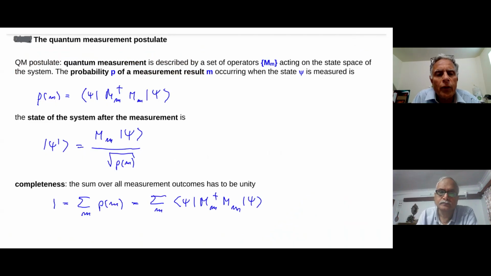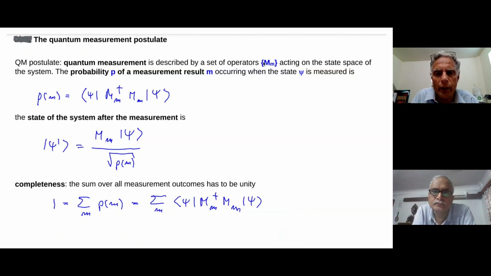But before I close, I want to say that for quantum measurement there is a postulate, and that postulate says that whenever you want to observe, you have to measure, and if you have to measure, there is an operator, so you need to have operators.